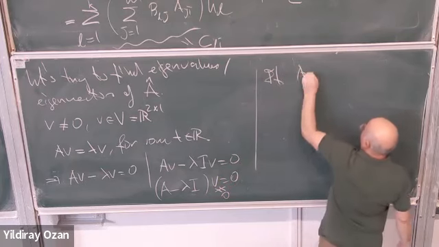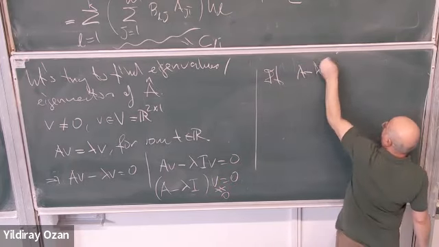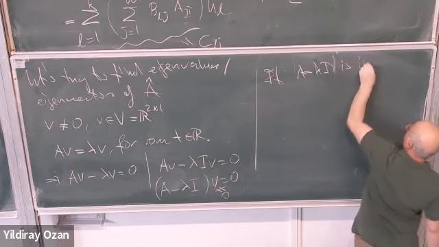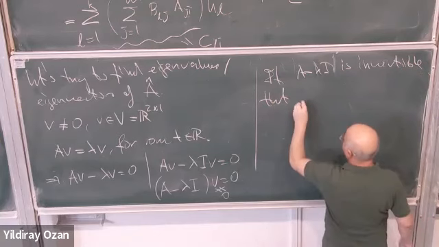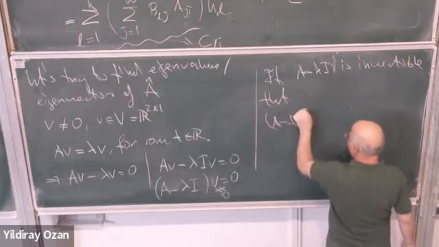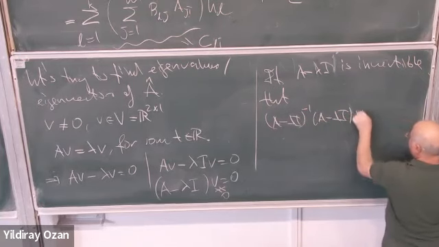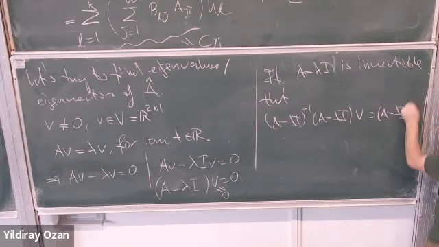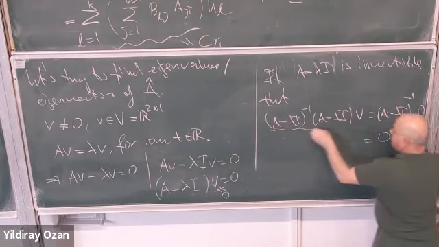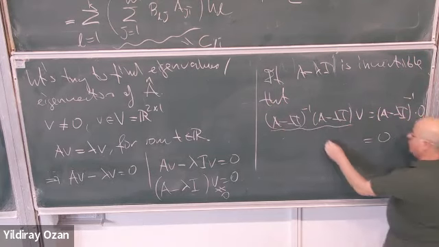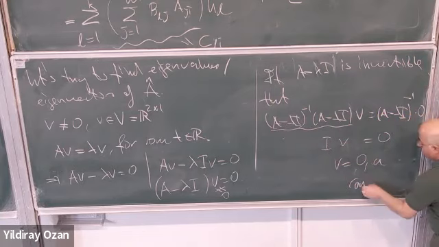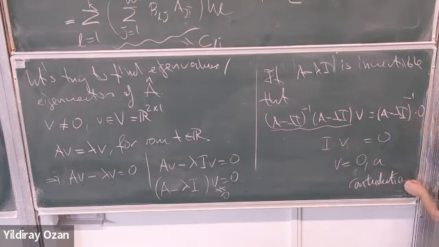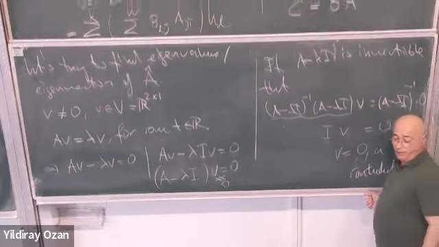If A minus lambda I is invertible, then just applying its inverse, A minus lambda I inverse times A minus lambda I, V is A minus lambda I inverse times the 0 vector. This is 0, and this is just identity times V. Well, we will get V equals 0, a contradiction. So this implies this cannot be invertible.